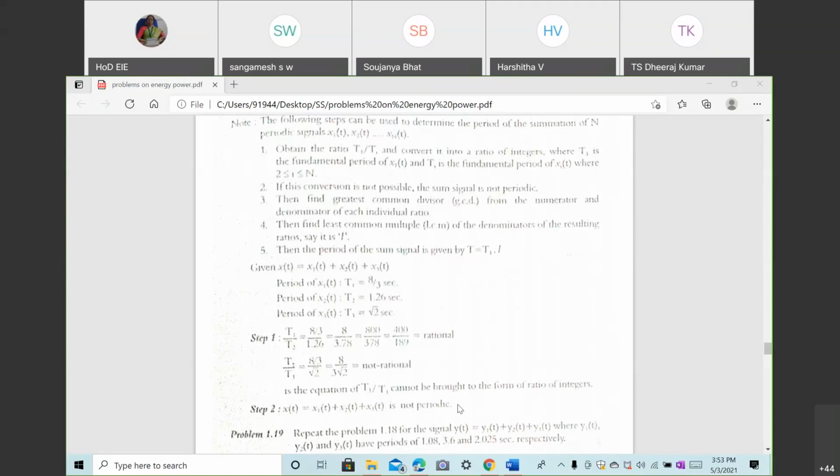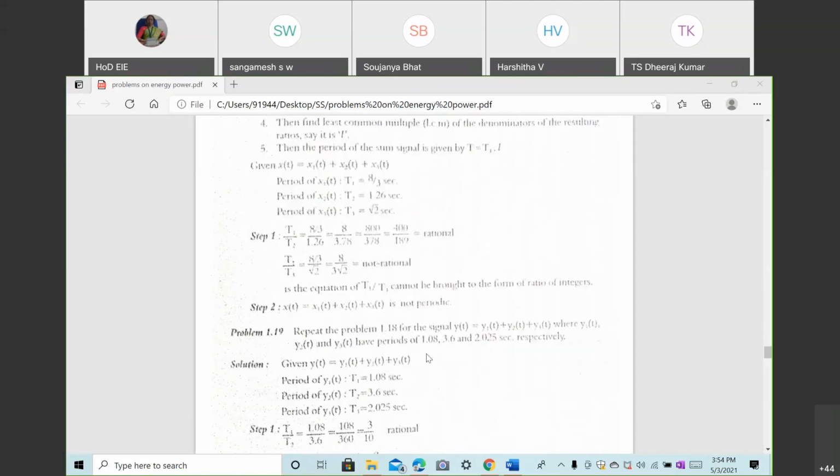For a summation of signals to be periodic, when T1 by T2 we have to get a rational number, or T1 by T3 we have to get a rational number, T1 by T4 if there is a fourth signal, we have to get a rational number. Then only it will be periodic. Otherwise, it is not periodic. And that's why you have to work out that one.